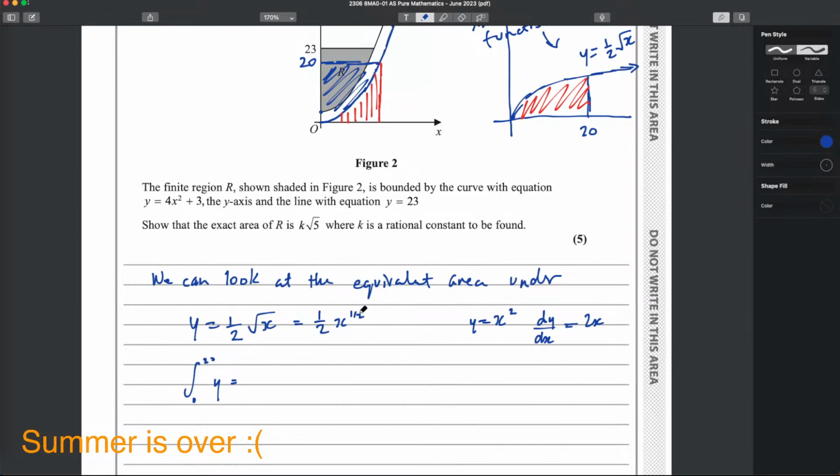When we're reversing this, we add 1 to the power and then divide by that power. So this becomes 3 on 2 multiplied by 2 on 3. So half plus 1 is 3 on 2, then dividing by 3 on 2 is the same as multiplying by 2 on 3.